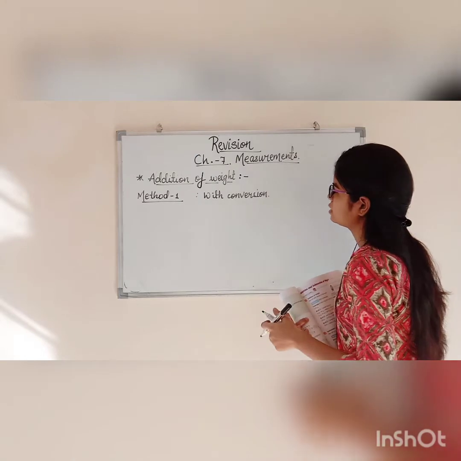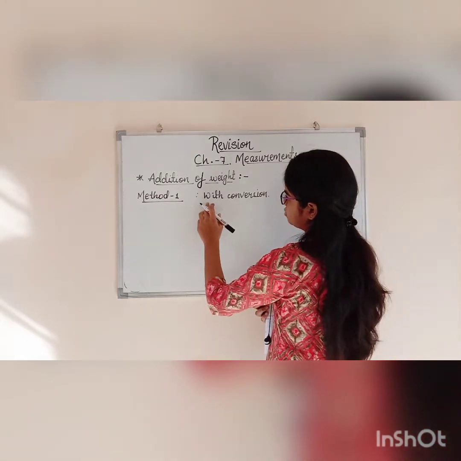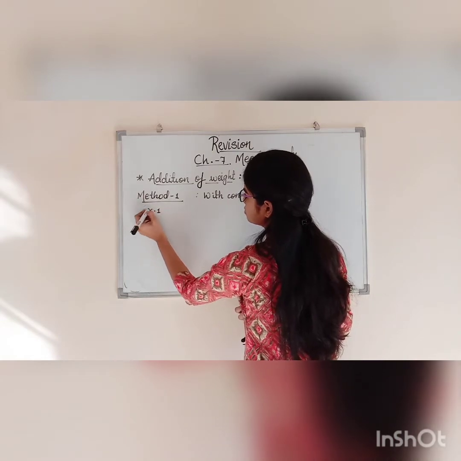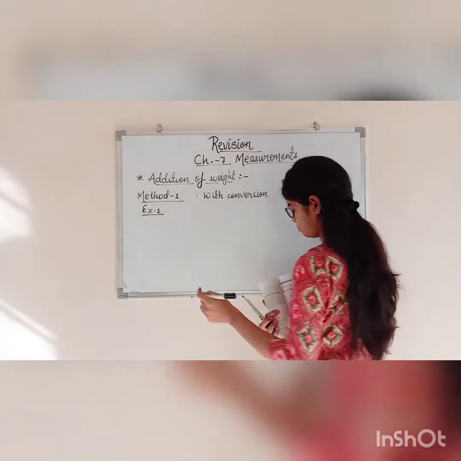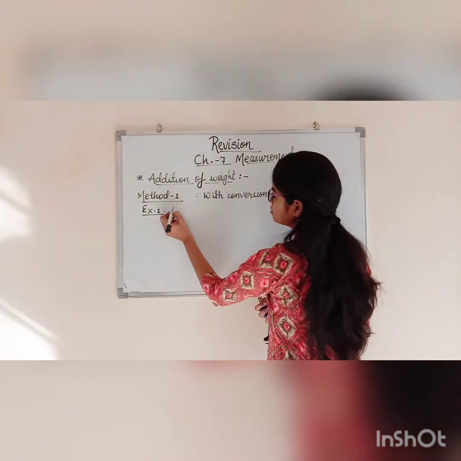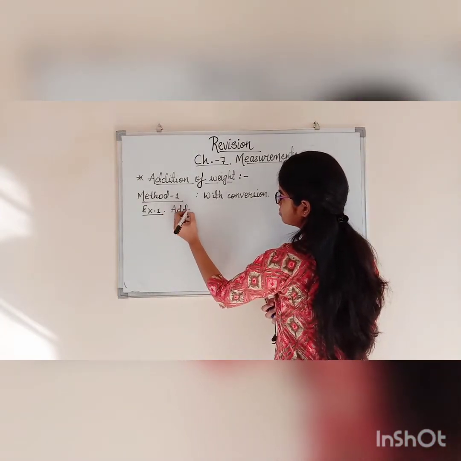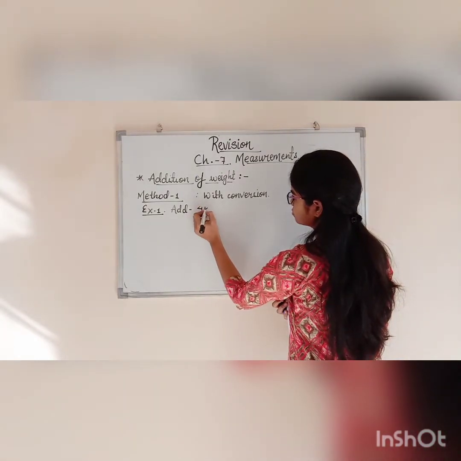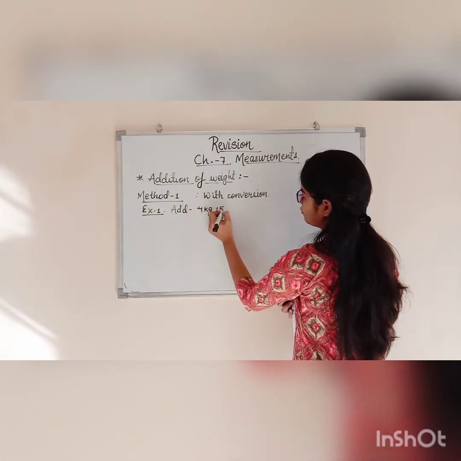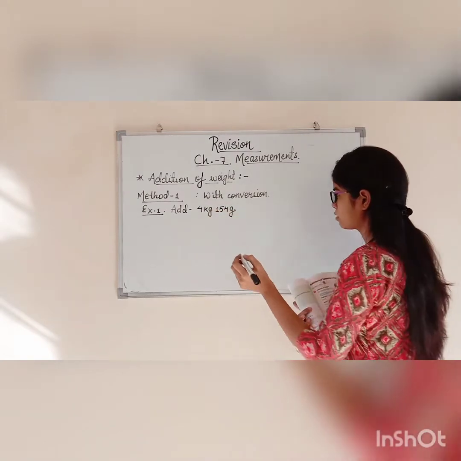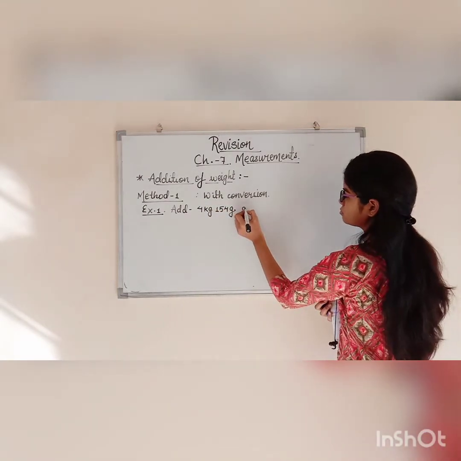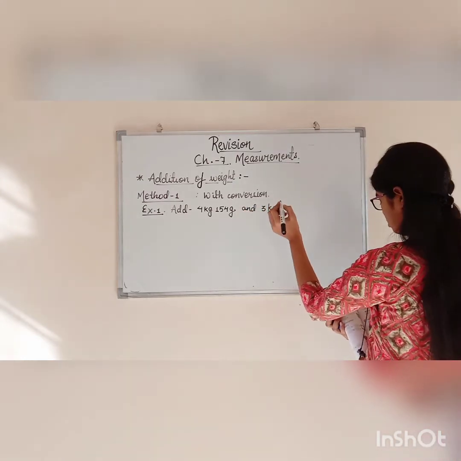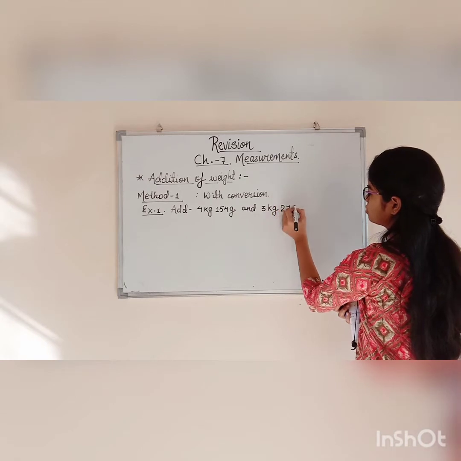In the first method, we do the question with conversion. So the first example is, we have to add 4 kilogram 154 grams and 3 kilograms 275 grams.